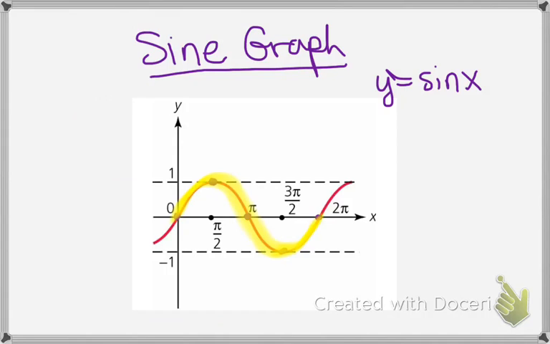And like we said earlier, there's those 5 key points at 0, 0, one up there at pi over 2, back on the axis at pi, down at our low point at 3 pi over 2, and then back up on the axis at 2 pi. So we've got our 5 key points. Once you get those 5 key points on the graph, then you just connect them and then make your first cycle. And when graphing these, I'm only going to have you graph just one cycle. I just want that main cycle. But just know that that does get repeated both to the left and to the right of the main cycle.